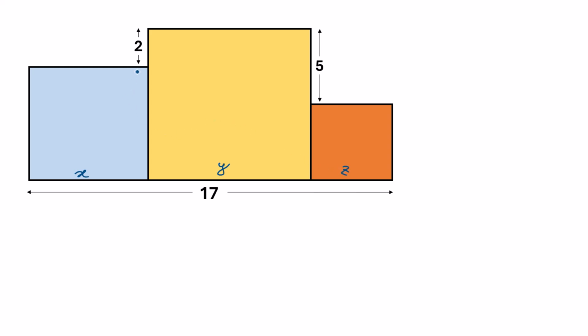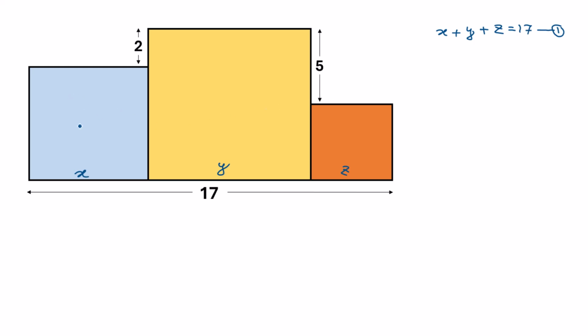So this x plus this y plus this z will be the total length of these 3 squares, which is 17 units. So we can write x plus y plus z is equal to 17. Consider this as equation number 1.